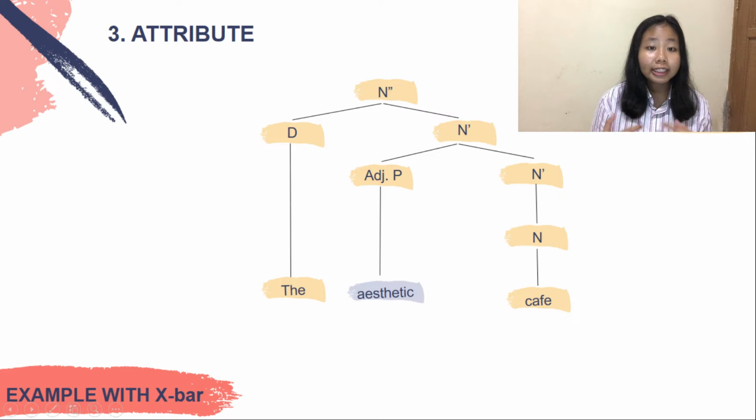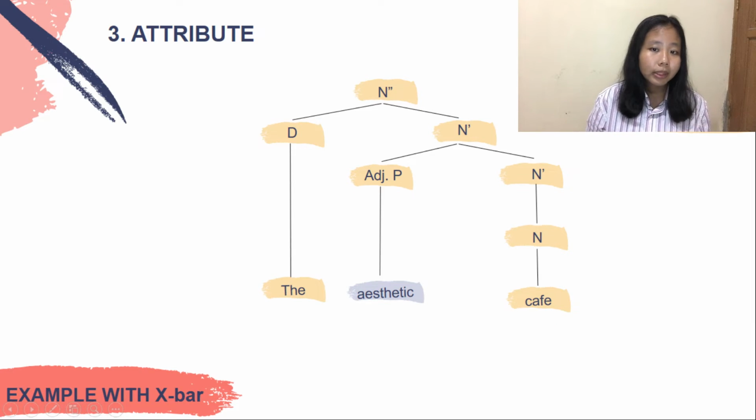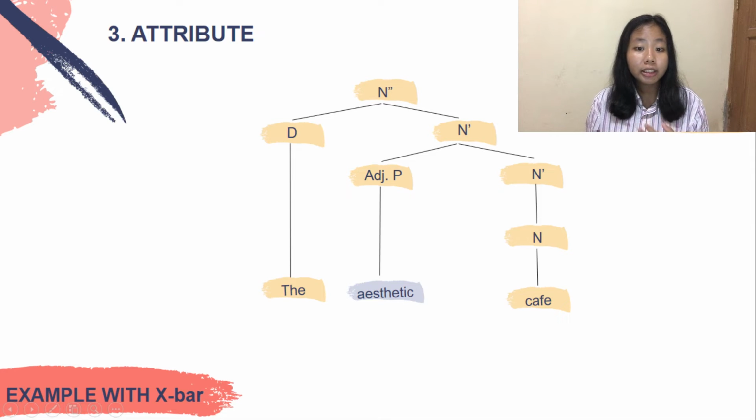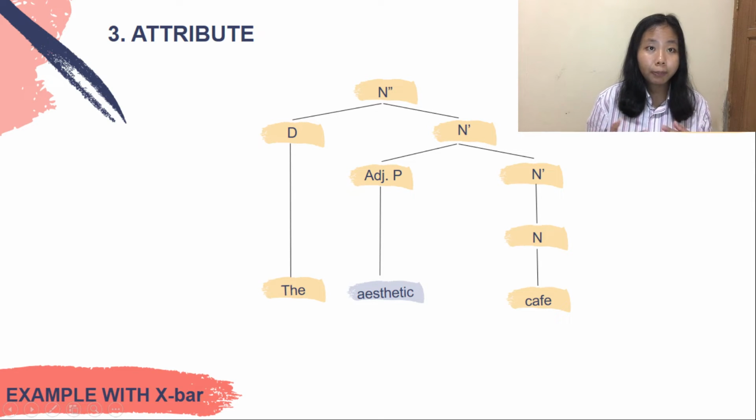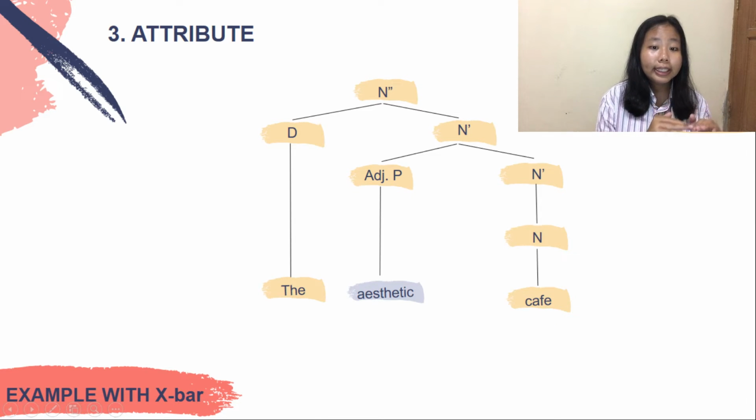Here, aesthetic is an adjective phrase. And N bar here branches into noun, and noun branches as cafe. Here, cafe is a place, so it is a noun. From this phrase, the word that stands as an attribute is aesthetic.